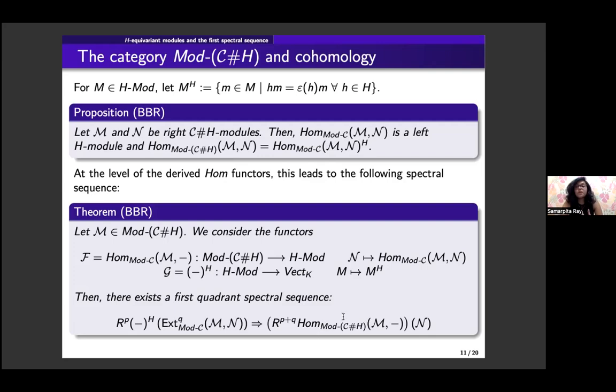We can compute the higher derived Hom in the category of H-equivariant modules by knowing the Hom in the base category and the invariant functor. That gives us the first spectral sequence to compute the cohomology in this category.